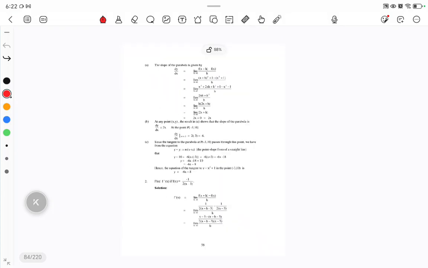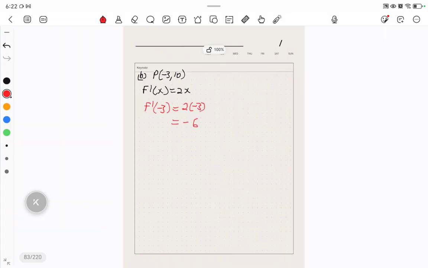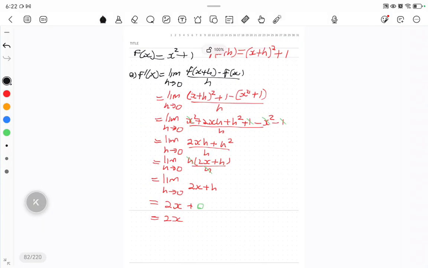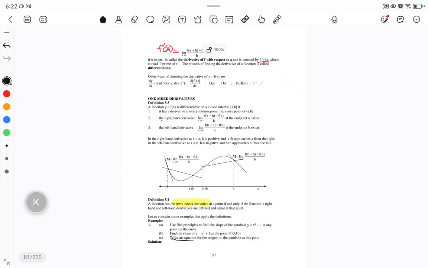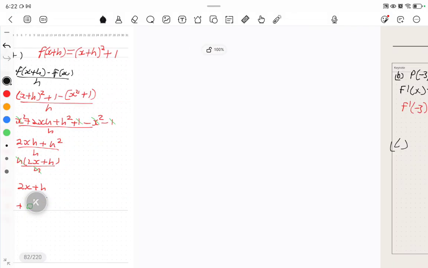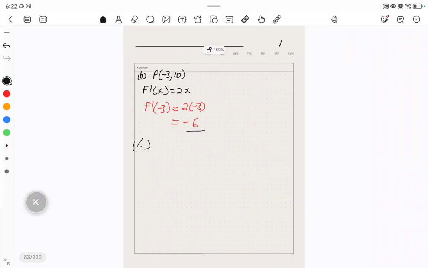And then now we go to C. See, we can use the two types of equations. They say they want the equation, write the equation of the tangent to the parabola at this point, right? And this is also our M. You see, right?